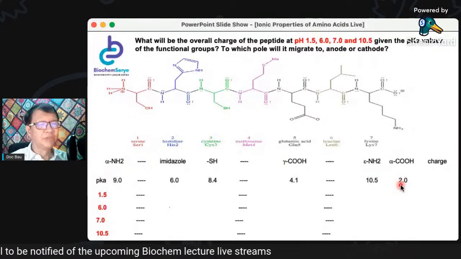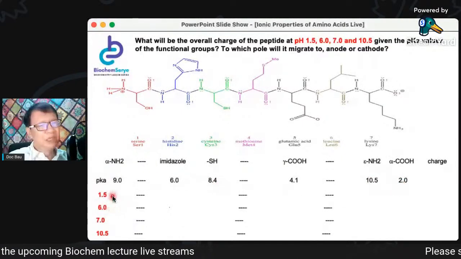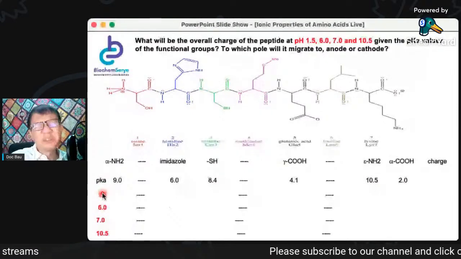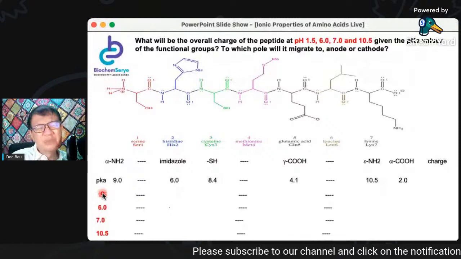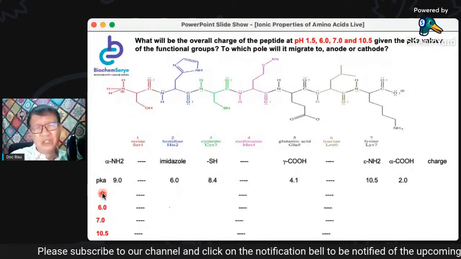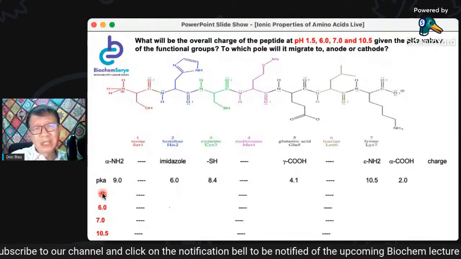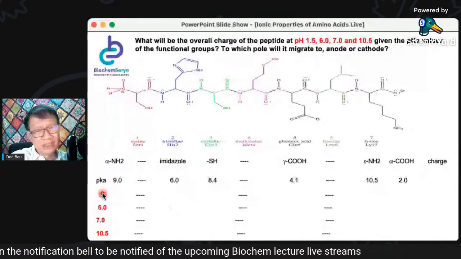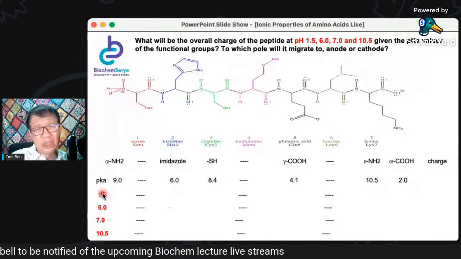Look at this. If the pH is 1.5, more or less we don't have any problems. 1.5 is very low, right? So most probably we can expect that the carboxyl groups will be undissociated. The carboxyl groups will be protonated at 1.5.